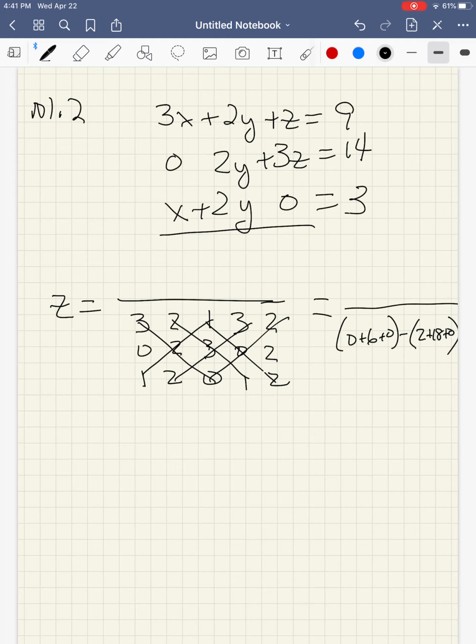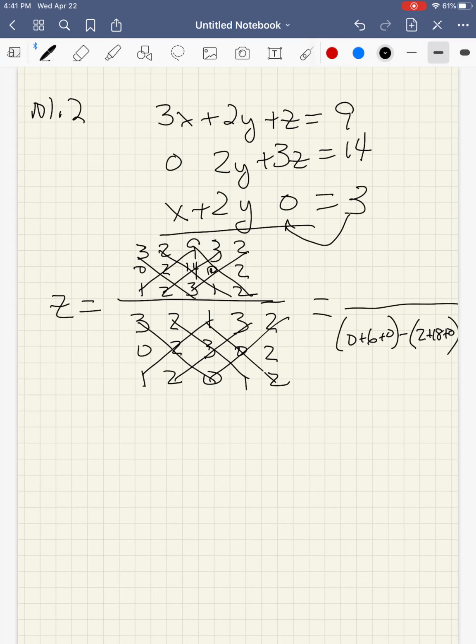Okay, in the numerator, we're solving for z, so we're going to take these and replace the z column. So this will be 3, 0, 1, 2, 2, 2, 9, 14, 3, 3, 0, 1, 2, 2, 2. Down the hill minus up the hill.